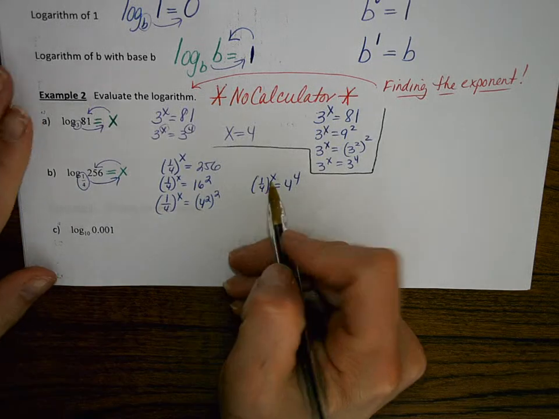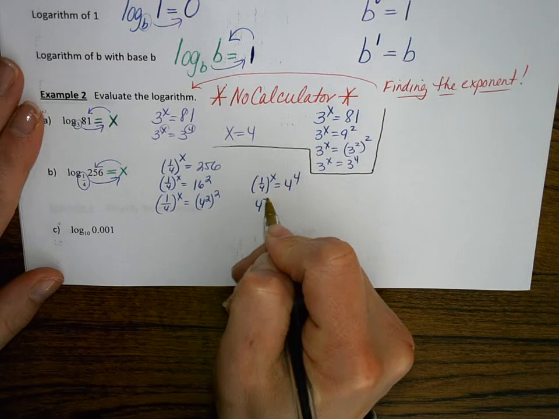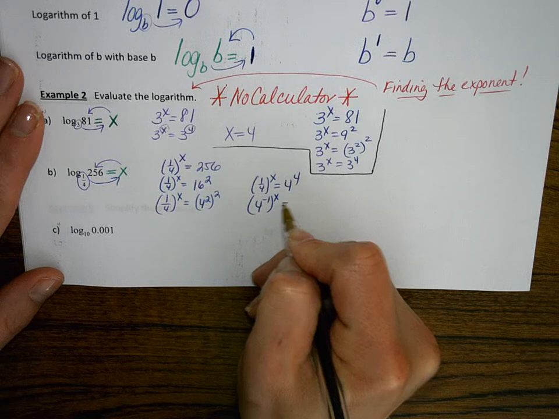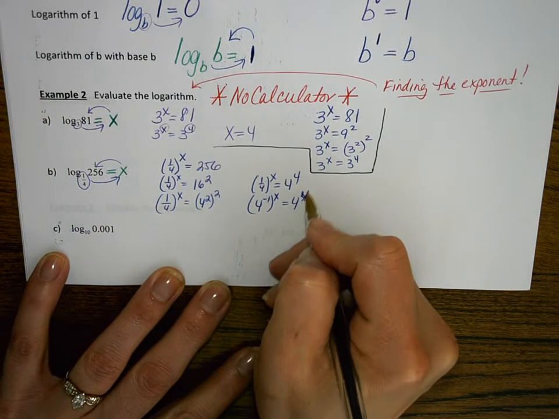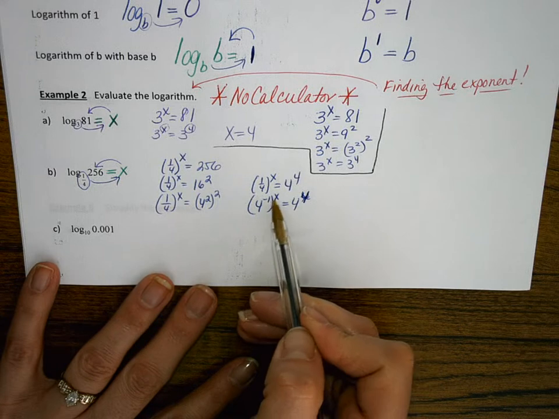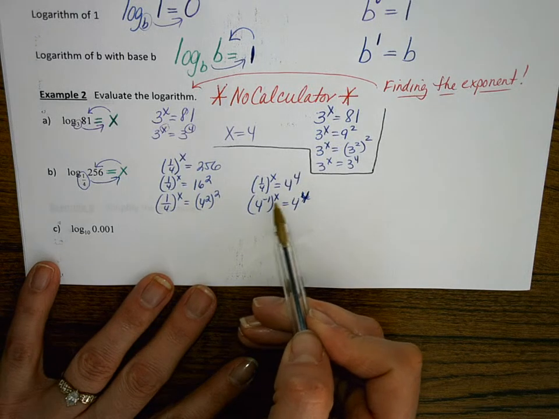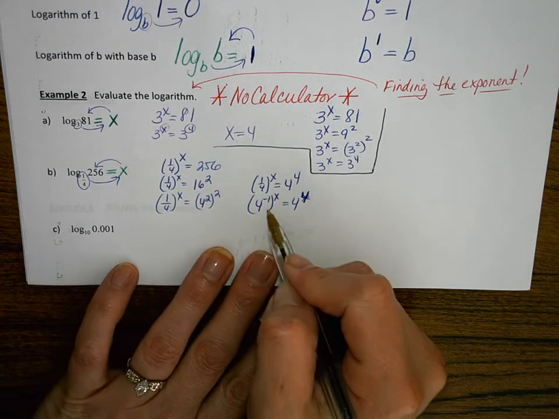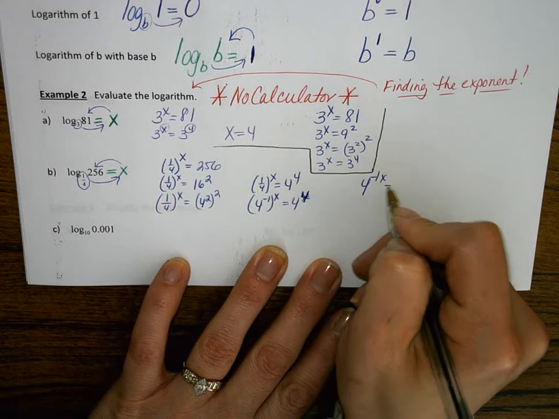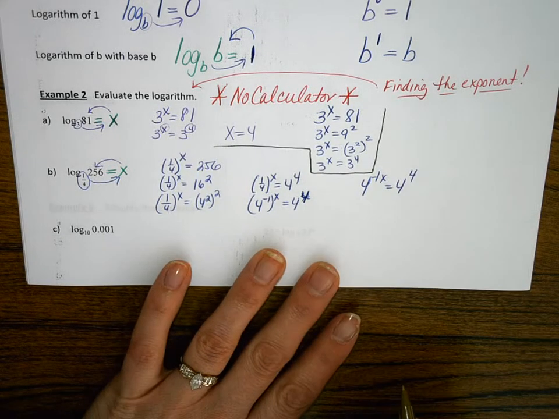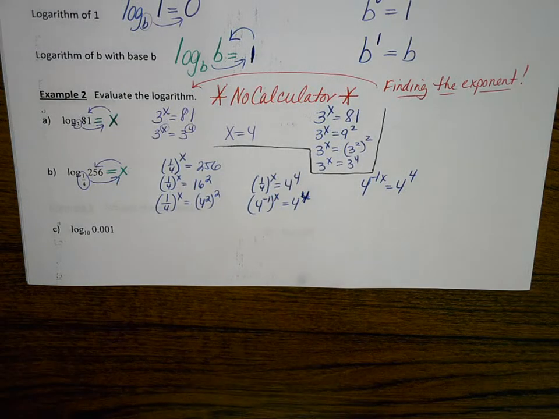So 1/4 is really 4 to the -1 power to the x is equal to 4 to the 4th. All right, Aaron, what do I do with these exponents? Good. So 4 to the -1 times x is going to be 4 to the -1x is equal to 4 to the 4th.